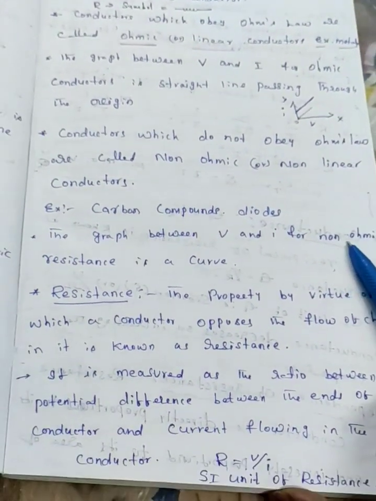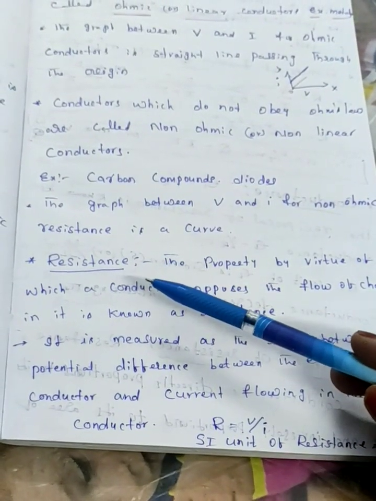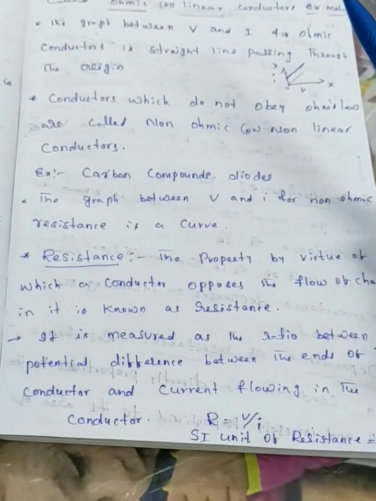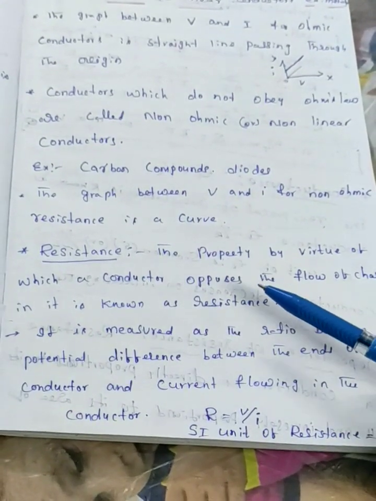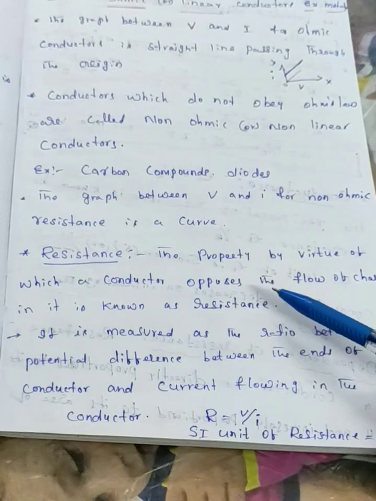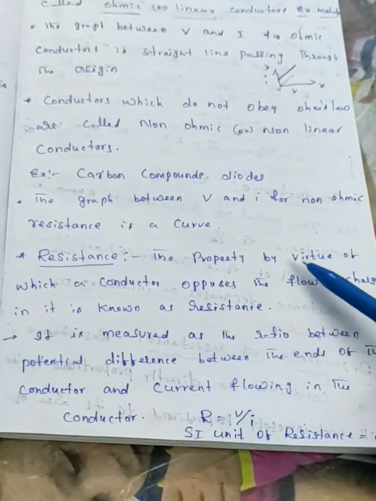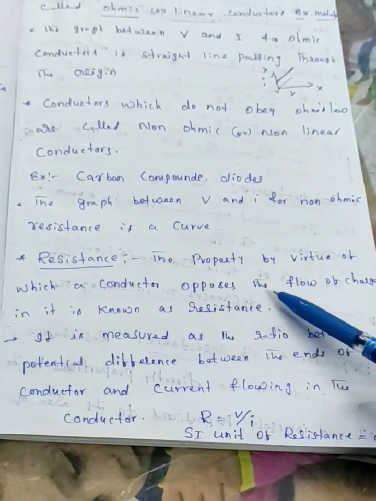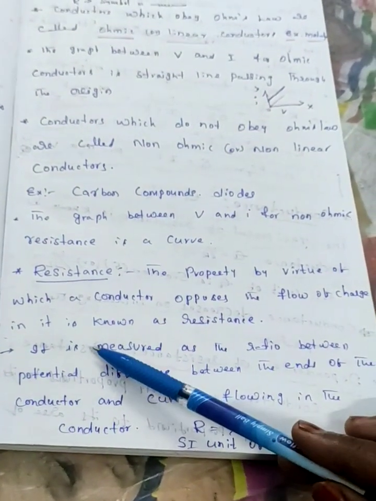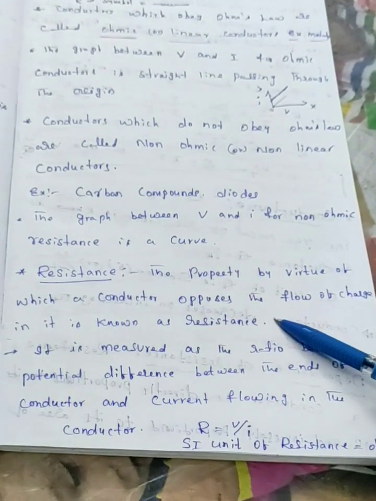Next, resistance. How do we define resistance, with capital R? Resistance is opposing the flow of charge. This is the property by virtue of which a conductor opposes the flow of charge in it, known as resistance.